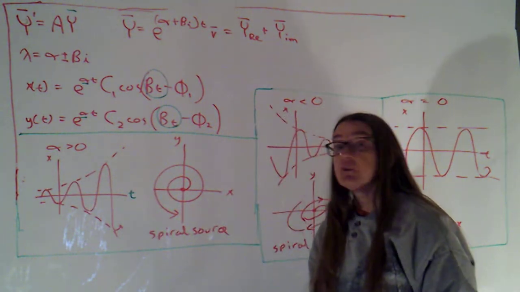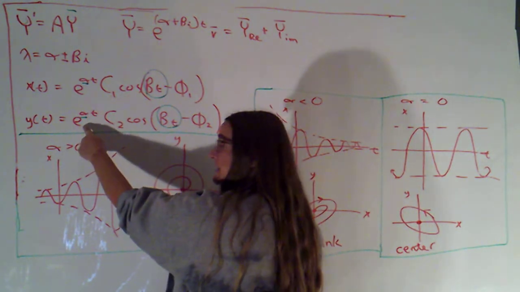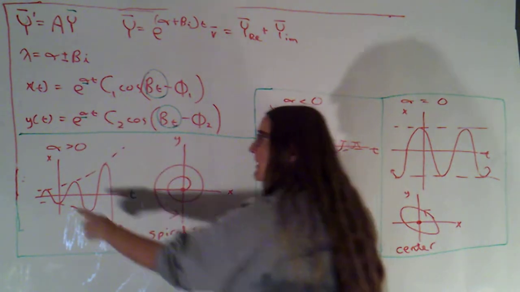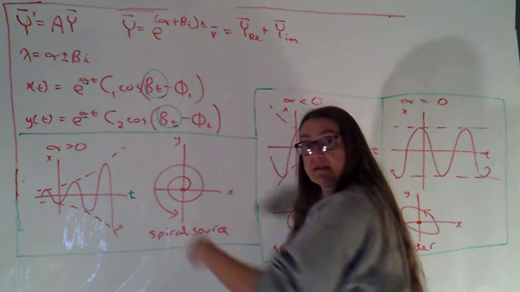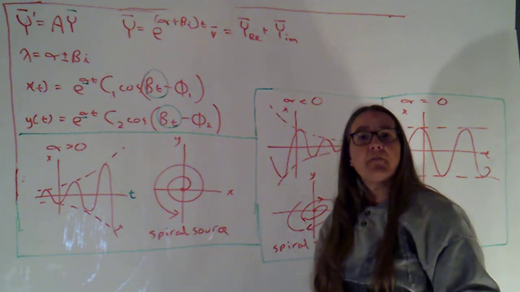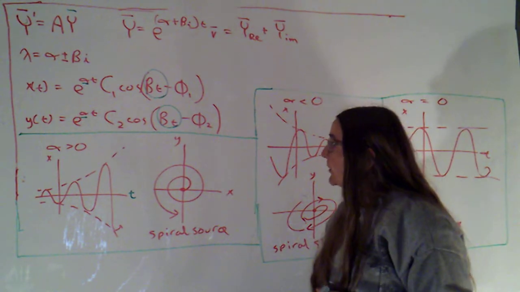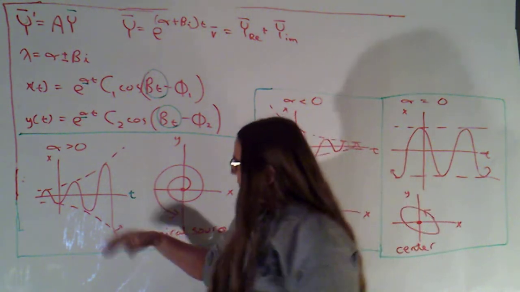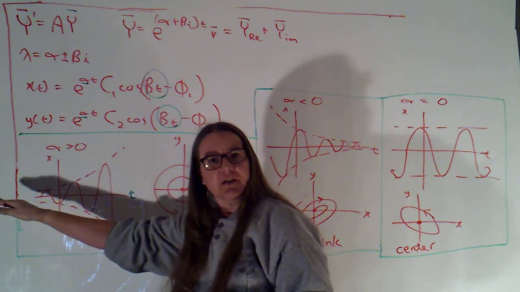The y graph would look very similar, because if I'm scaling by e to the alpha t and alpha is positive, then I'm getting a function that's oscillating, but the oscillations are growing in size. So as t goes off to infinity, the absolute value of x and y is going to be getting bigger and bigger. And as t goes off to negative infinity, they're both approaching zero.